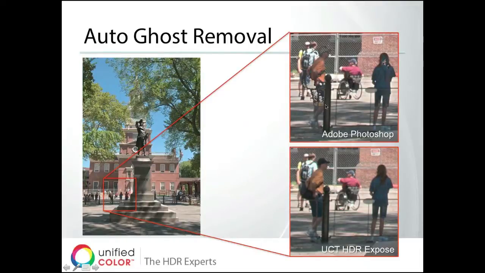That's the ghost artifact. Now with our new deghosting tools, we're actually able to isolate these individual moving objects or people in a scene. Again, this opens up a lot more possibilities for HDR scenes that you would usually try to steer clear of previously.